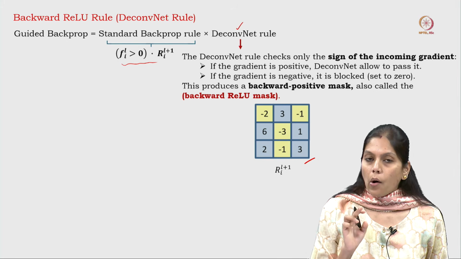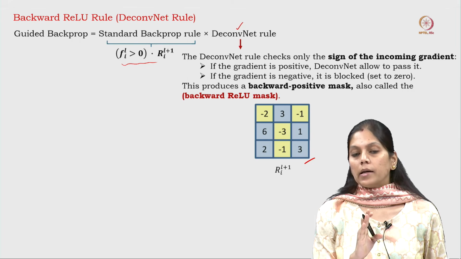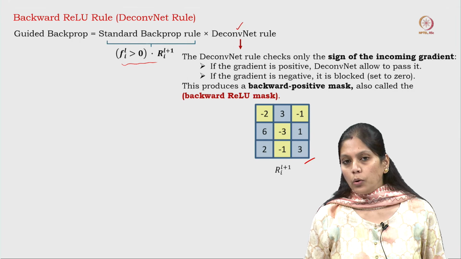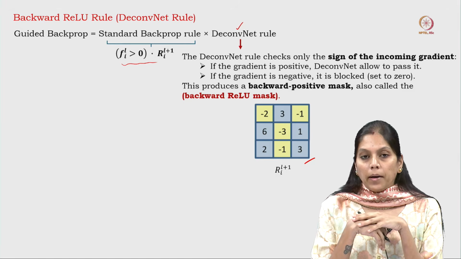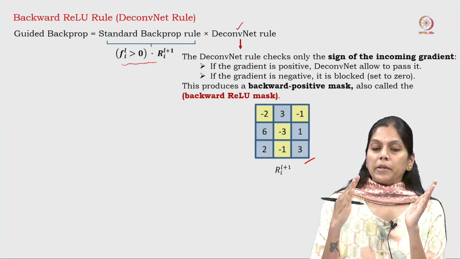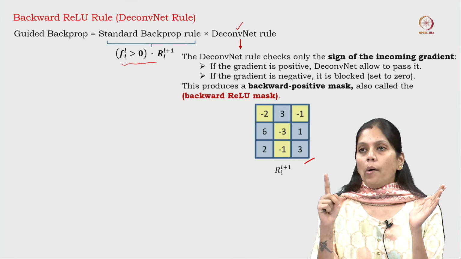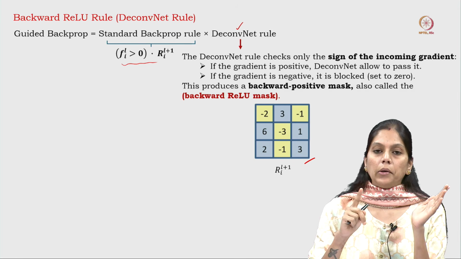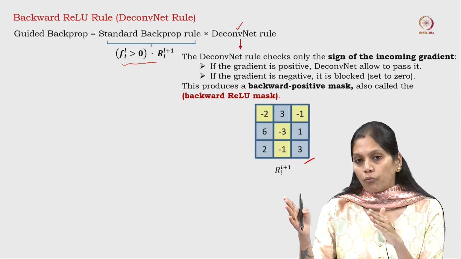Wherever there is a negative, it is going to make it 0. Why are we doing this? In the forward pass, the feature maps we obtained were passed to ReLU, all the negative values were made 0, and only positive values moved forward.